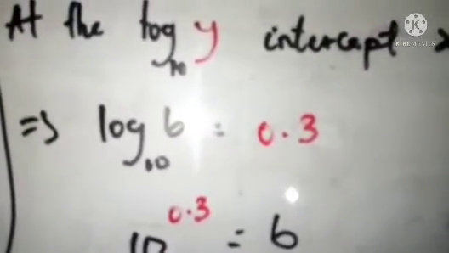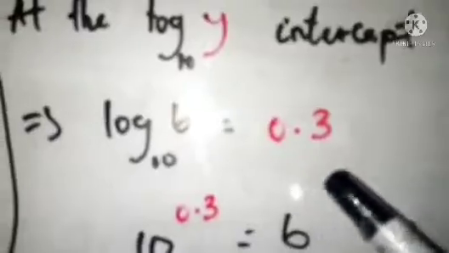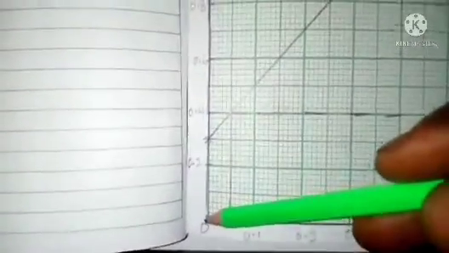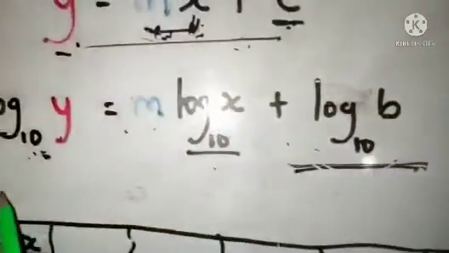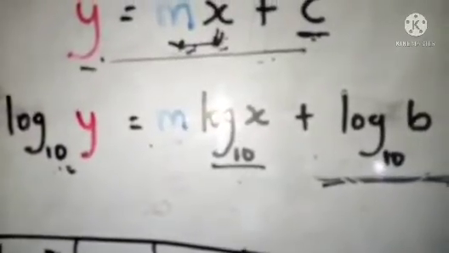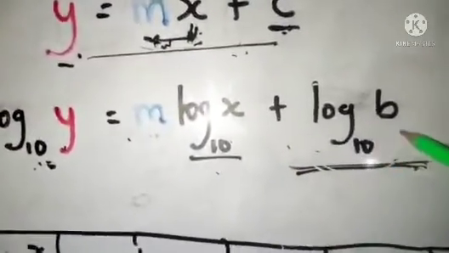So you have log of b is equal to 0.3 from the graph. That is very simple, straightforward, meaning that where they intersect, look at something. If x is equal to 0 where they intersect, then it means that this point here is our log y. What I mean by that is, look at the relation here. This is what we are having: log of y is equal to m log s plus log b base 10.